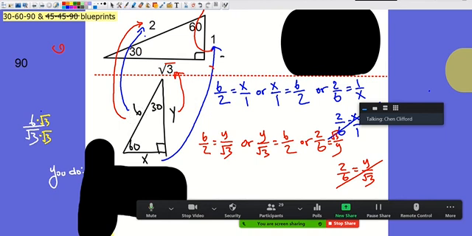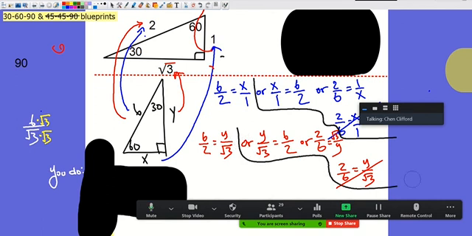Here's the part that's review. I'm going to draw a dividing line here, and another dividing line here. Let's go ahead and solve it.